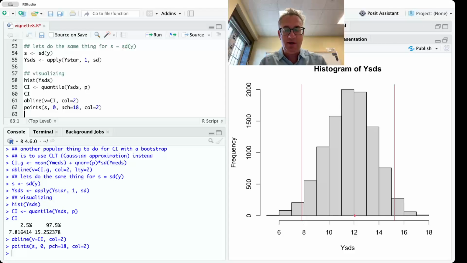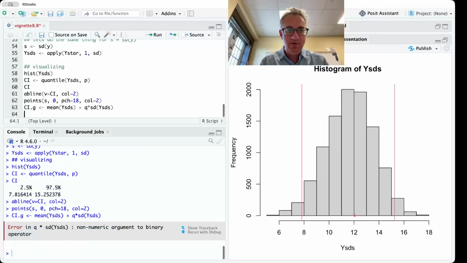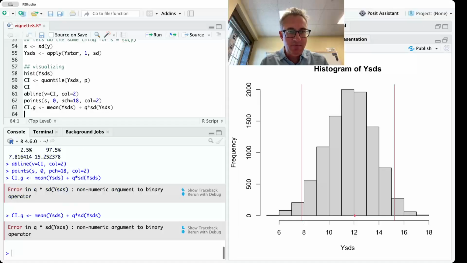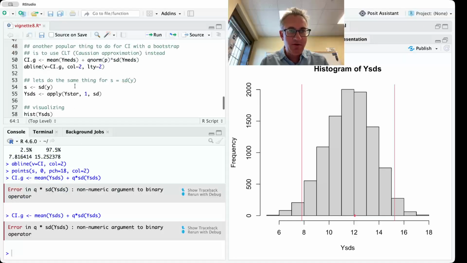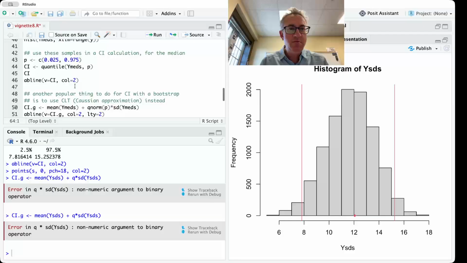And if I want, I can calculate a Gaussian approximation with mean of the Y star SDs plus Q times SD of the Y star SDs. Oops, it's not called Q. What did I call it?